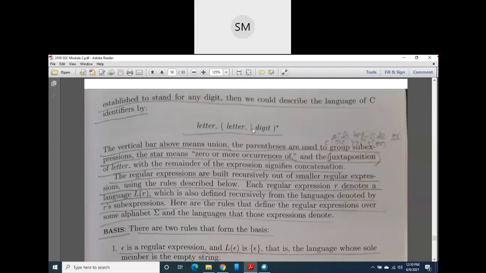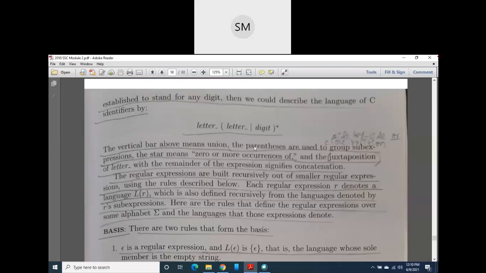It means this sub part that I am circling will give us a string which is present either in letters or else in digits. In my explanation I used the word 'or'. So from now onwards, to pronounce this pipeline you can say union, or else you can pronounce it as 'or'.